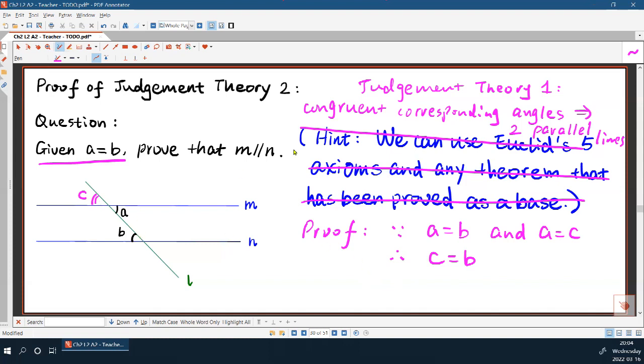C equals B means we have congruent corresponding angles, right? Then based on Judgment Theory 1, these two lines are actually parallel to each other. Can you see the logic here? So from this step to this step, we're using Judgment Theory 1. Understand?